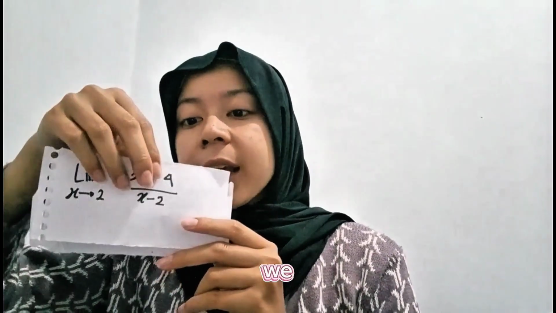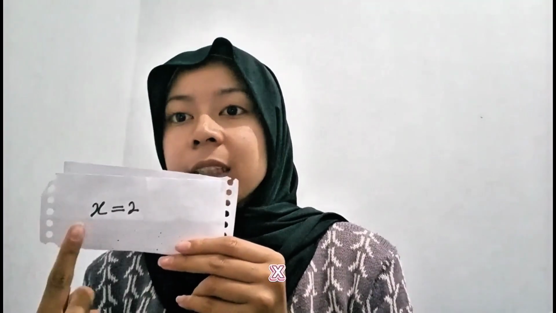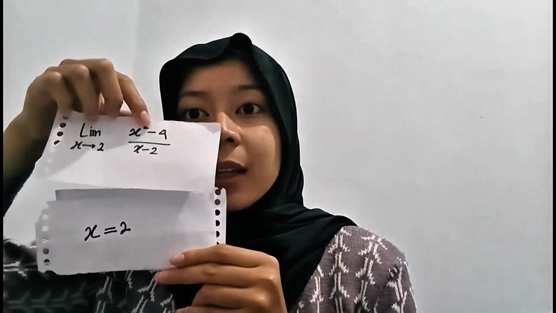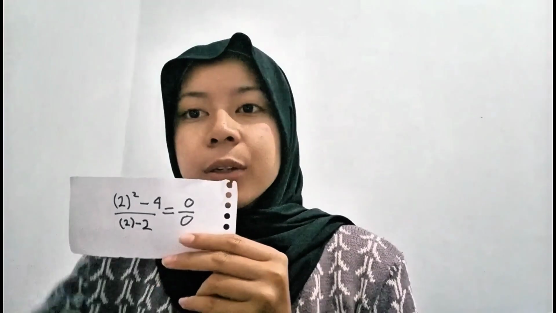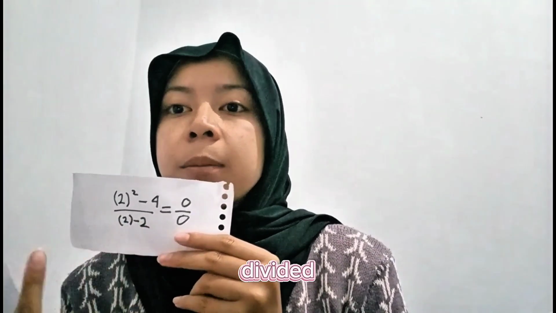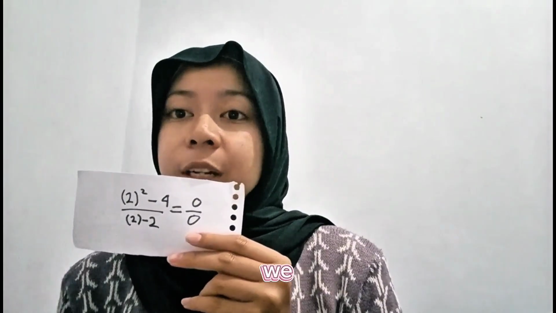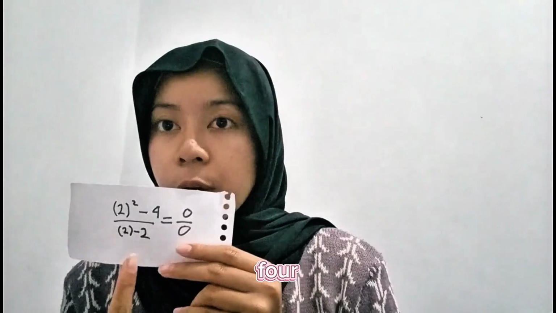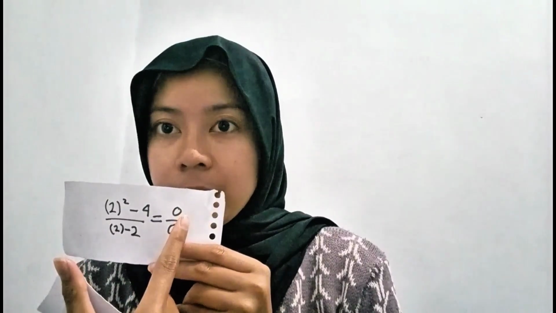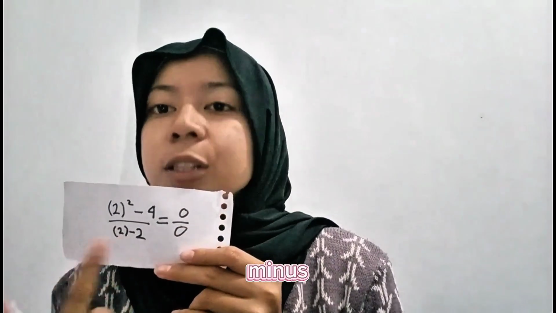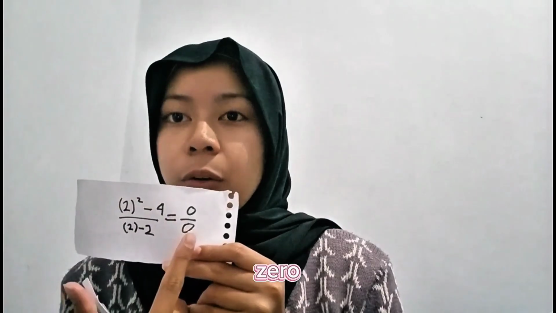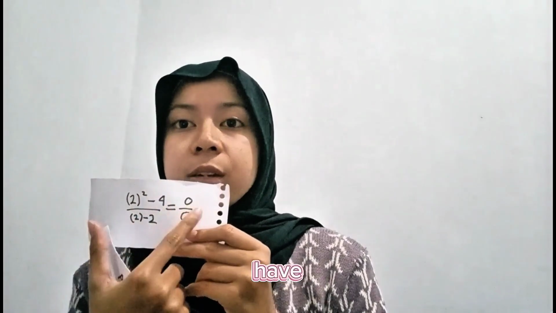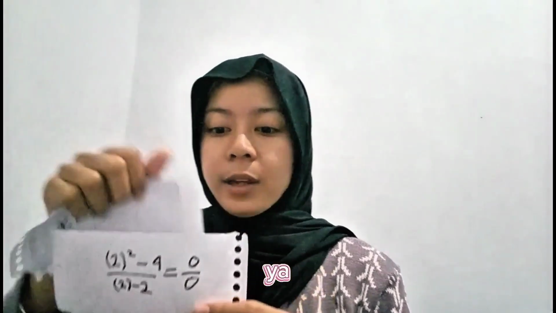If we substitute x equals 2 in the limit, we have 2 squared minus 4 divided by 2 minus 2. We know 2 squared equals 4, and 4 minus 4 equals 0. And 2 minus 2 equals 0. And the final answer we have is 0 divided by 0.